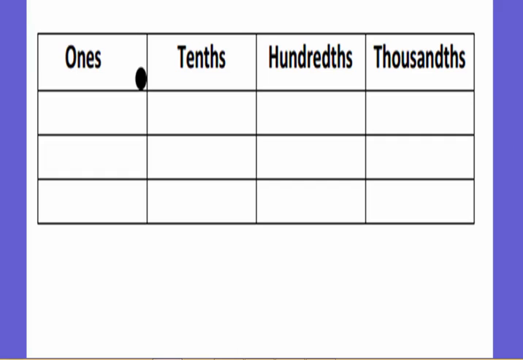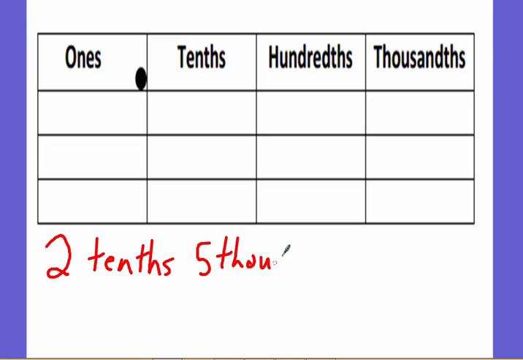And I'm just going to change my dots so they're a little bit bigger. We have 2/10, 5 thousandths. This is with my unit form written out. And then plus 6 hundredths.